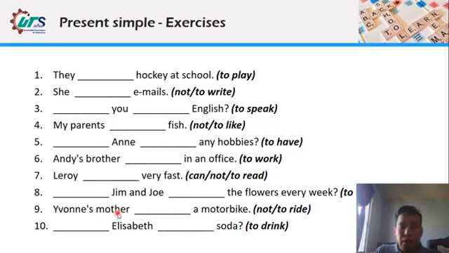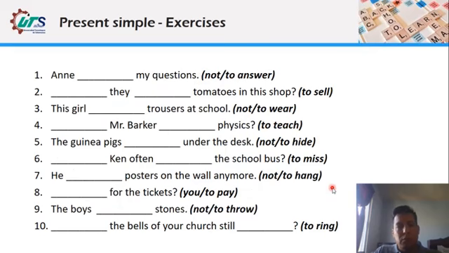Ivan's mother doesn't ride a motorbike. Does Elizabeth drink soda? Okay, and we have another exercise. You need to answer according to this verb and the correct person.